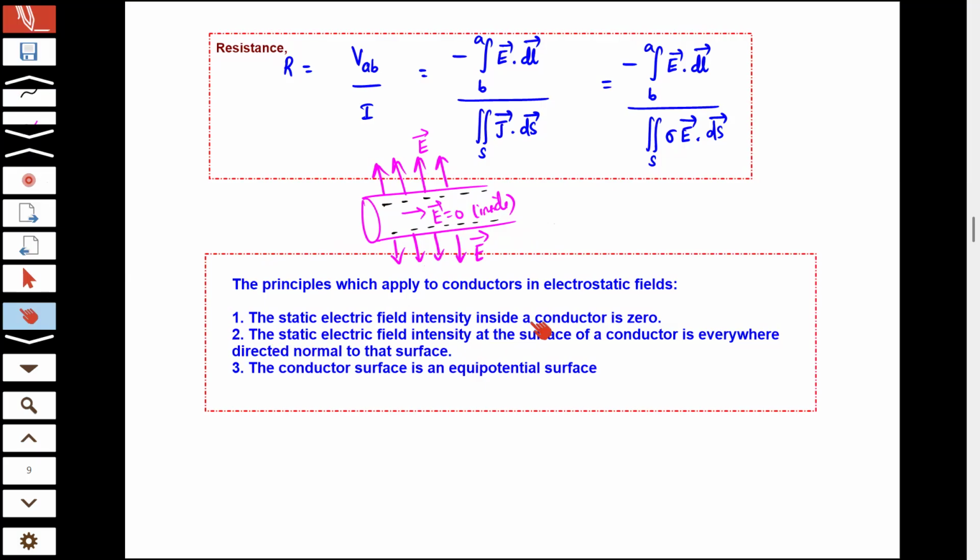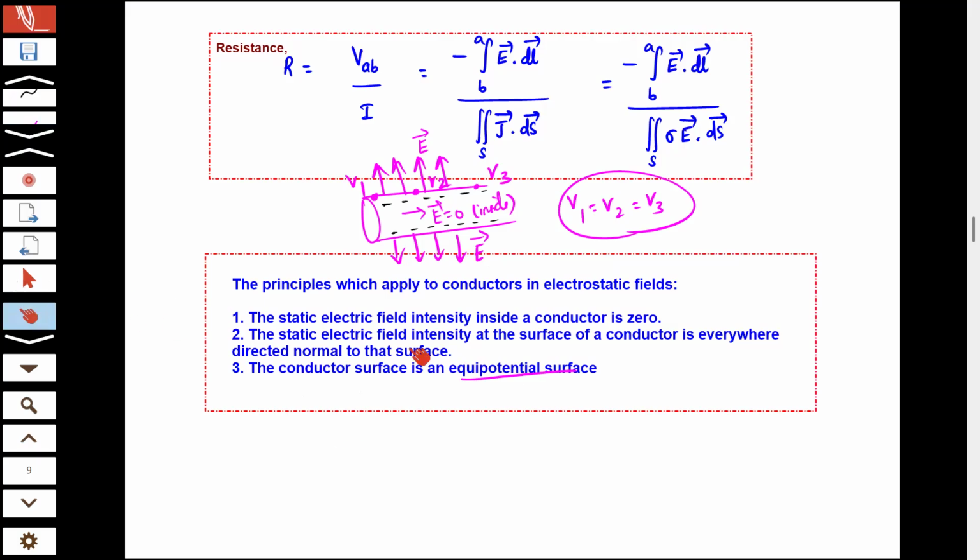Electric field intensity at the surface of the conductor is everywhere directed normal to the surface. And the third point is everywhere the potential value is same. So if we measure the potential at this particular point V1 and another point V2 and another point V3, we can say V1, V2, V3 are all same because the conductor surface is an equipotential surface.